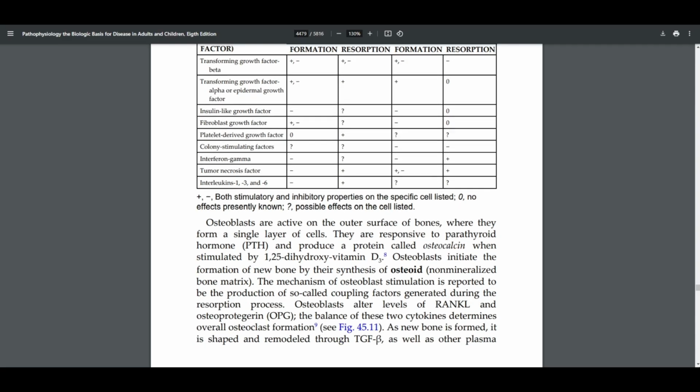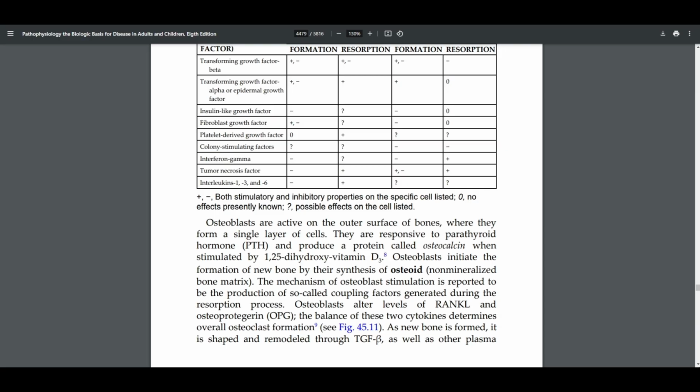Osteoblasts are active on the outer surface of bones, where they form a single layer of cells. They are responsive to parathyroid hormone and produce a protein called osteocalcin when stimulated by 1,25-dihydroxyvitamin D3. Osteoblasts initiate the formation of new bone by their synthesis of osteoid.